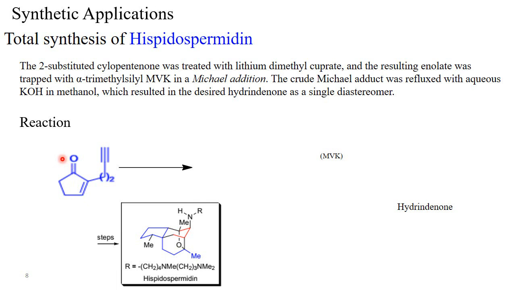The crude Michael adduct was refluxed with aqueous KOH in methanol, which resulted in the desired hydrindenone as a single diastereomer. Hydrindenone is an intermediate which is required for the preparation of hispidosupermidine.